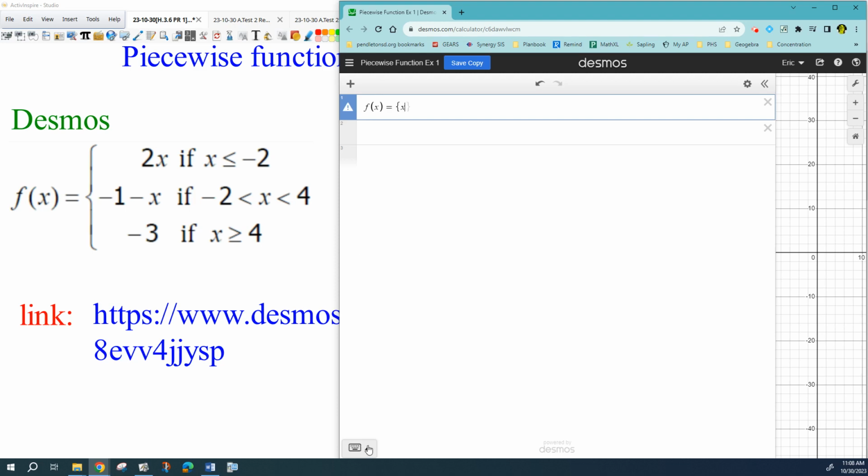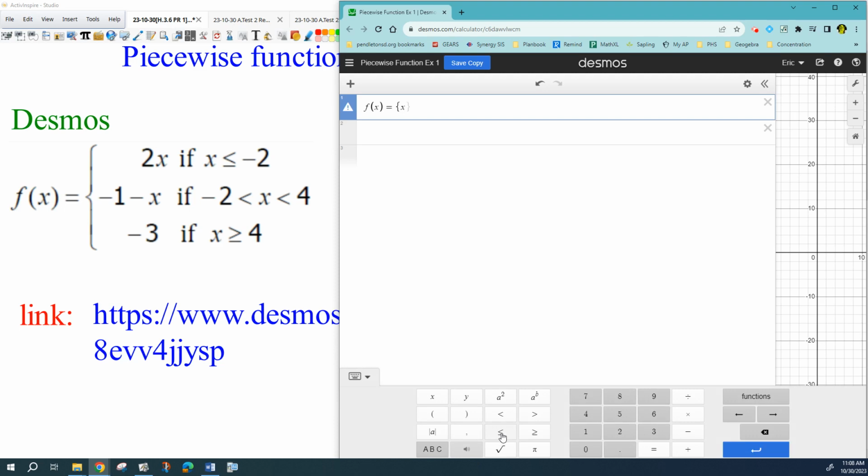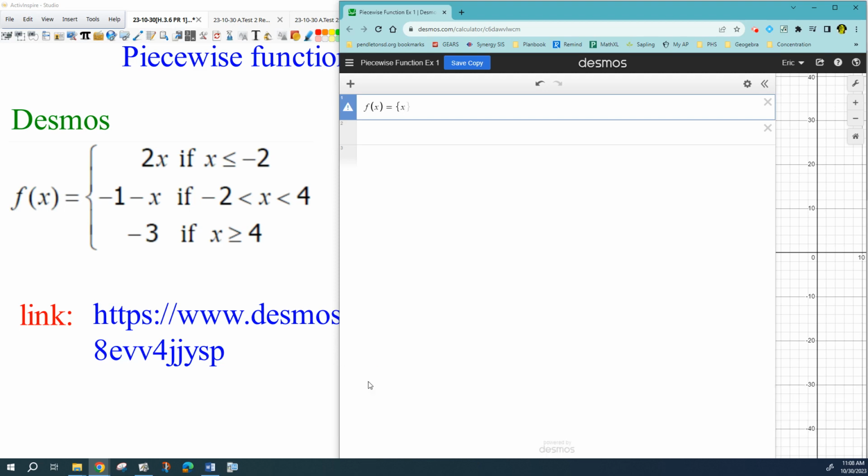I can go down and pick it out right there, there's a button for it, but I always prefer, it's quicker and easier to just use the keyboard if you can. How can I put in less than or equals to in Desmos, do you suppose? All I do is type less than and then an equal sign, and it knows to lump those together. It's pretty smart.